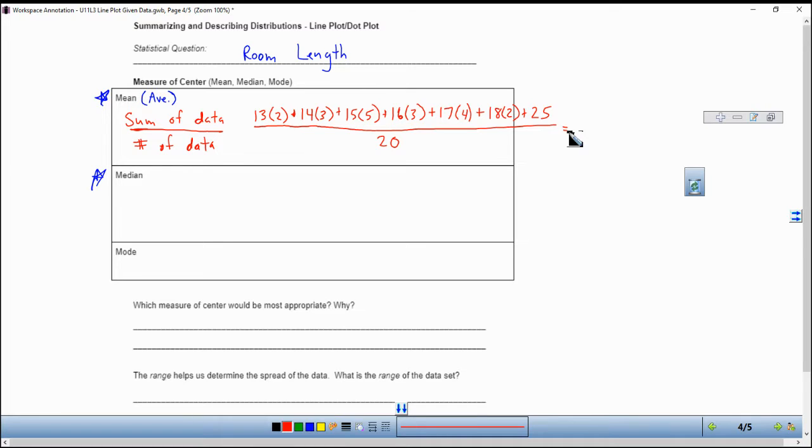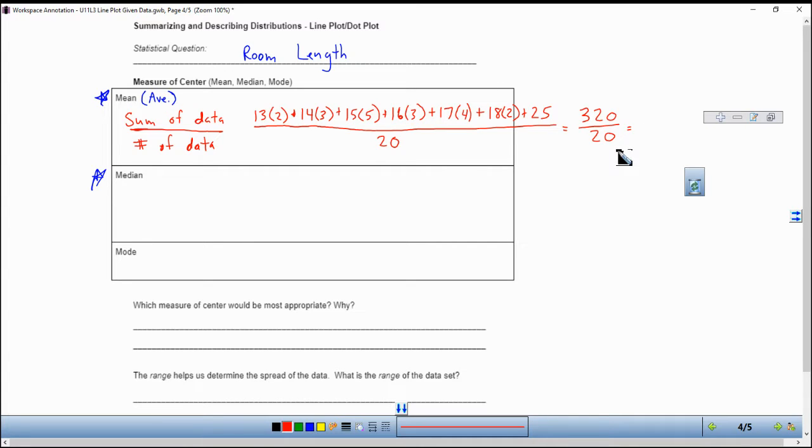Be sure you're pressing the correct buttons, because one missed number will throw it all off. Times 2 is 25. Okay. So when I added those all up, see if you got the same thing. I got 320. And we're going to divide that whole thing by 20.